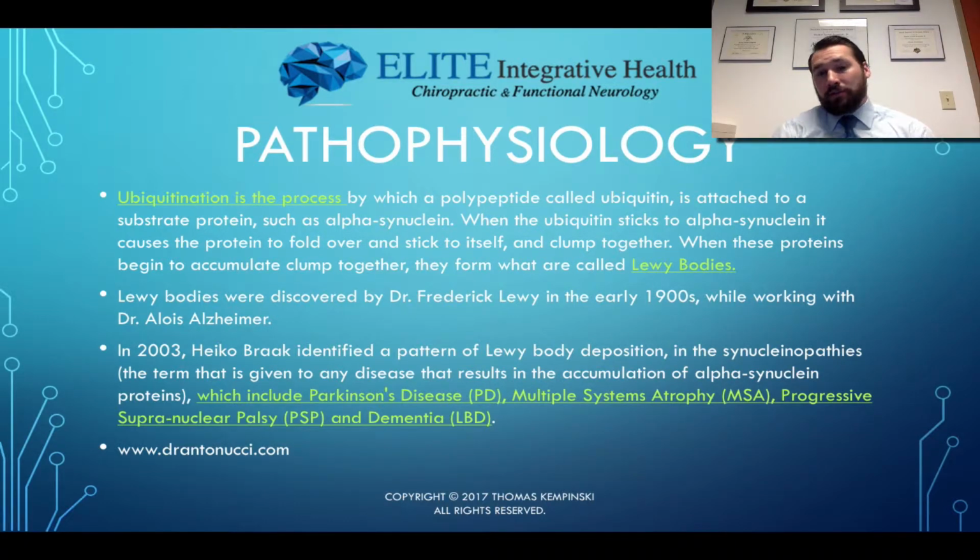This is a term given to any disease where alpha-synuclein is laying down pathologically. The diseases include Parkinson's disease, of course, but also multiple system atrophy, progressive supranuclear palsy, and dementia. Sometimes you'll hear dementia referred to as Lewy body dementia, and that's why.